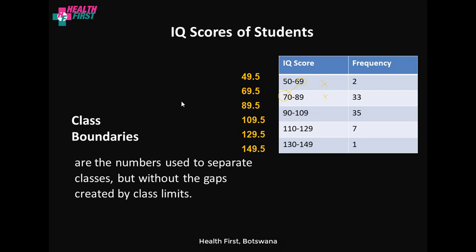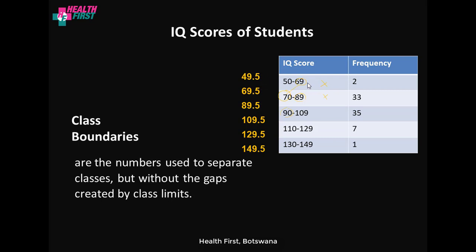Class boundaries would basically be numbers that are midway between 69 and 70, or midway between 89 and 90. So in order to get that number, you'd basically be adding 69 plus 70, then you divide that by 2. So you'd get 69.5.